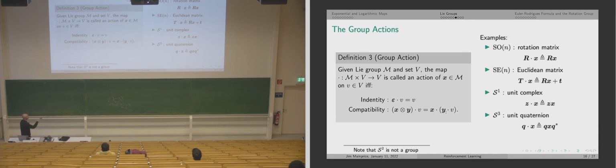I guess the most interesting one is the one of SEn, which is if you use an element of the special Euclidean group and you compose it with a vector, you will get the vector offset by that transform here.